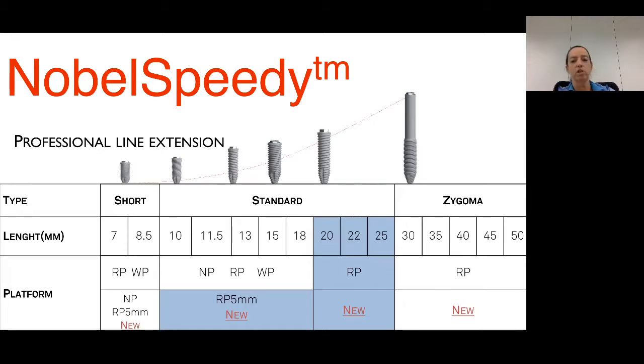We have these special implants of 20, 22 and 25 millimeters that are very useful for several cases where you have very, very soft bone. So this implant was completely designed and developed for immediate function cases.